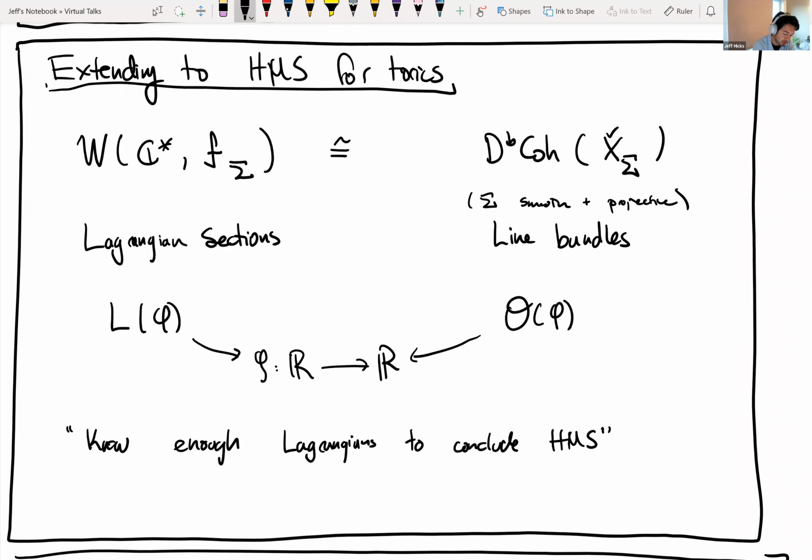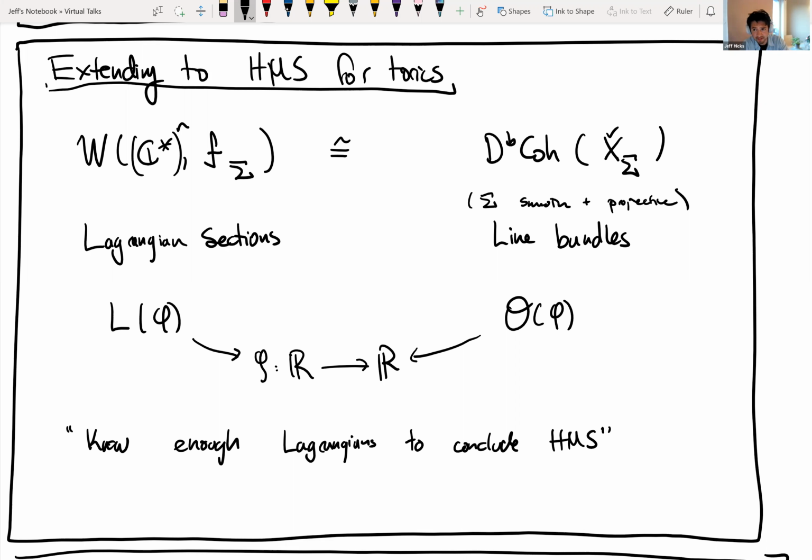And the mirror space that we're going to have is also going to be modified. So we're looking at the wrapped Fukaya category, sorry, partially wrapped Fukaya category of C star to the n, stopped at F check sigma, which is some Legendrian, which I will describe in a couple of slides.